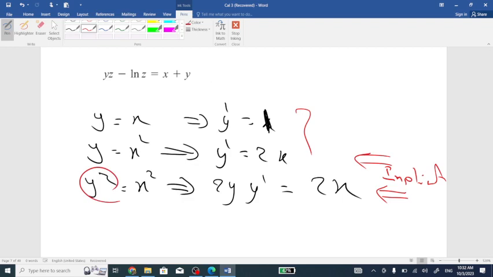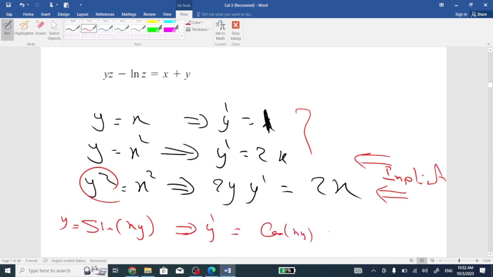When y is inside the function, for example sin xy, find the derivative. In calculus 1, you say y prime equals to what?